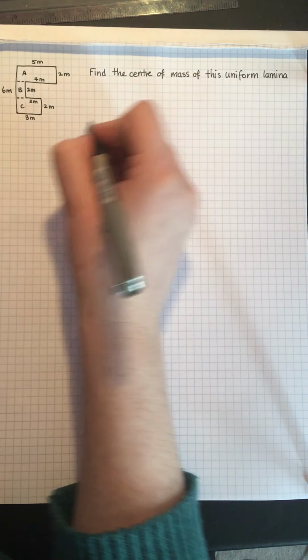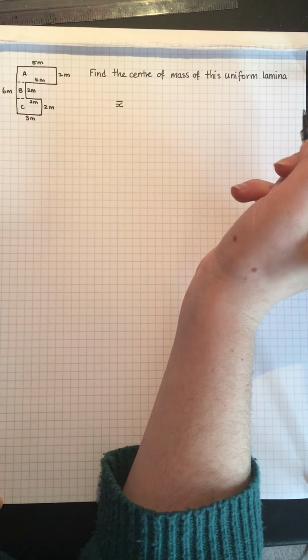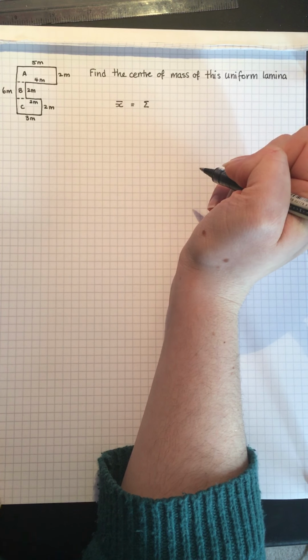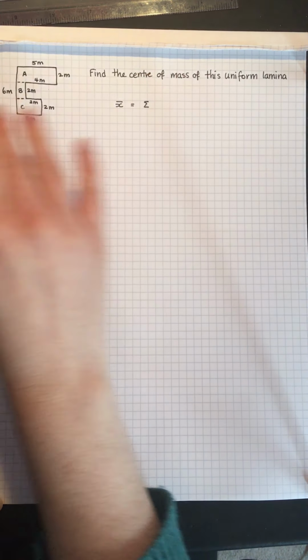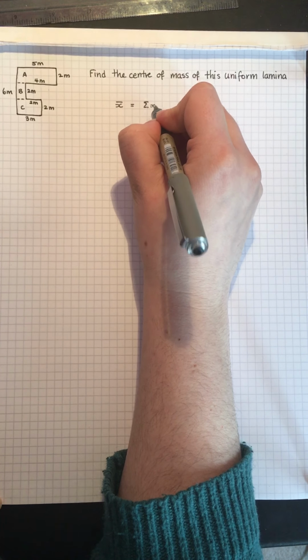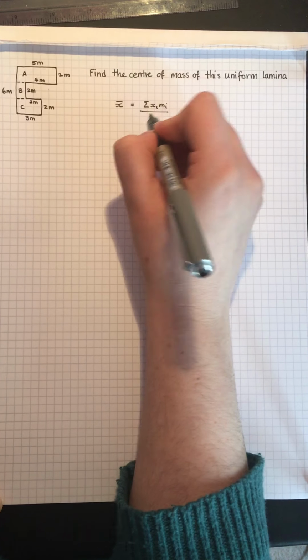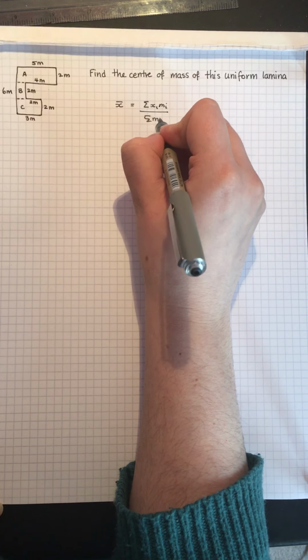Okay, so the formula that we used before is we said that x bar, the distance of the centre of mass from the origin, when we just had one dimension, equals the sum of xi mi, divided by the total mass.